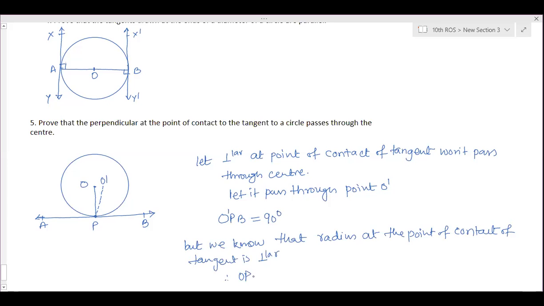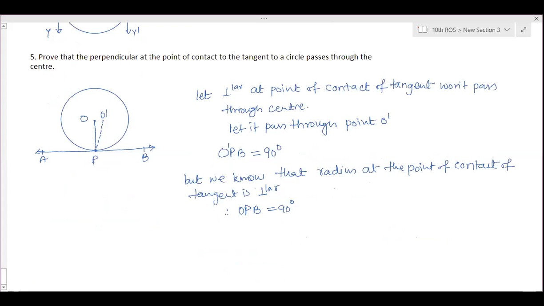So therefore OPB is 90 degrees. Angle OPB is equal to 90. Angle O dash PB is equal to 90. This is fully conceptual part, there is no maths. O dash PB angle is equal to OPB angle.